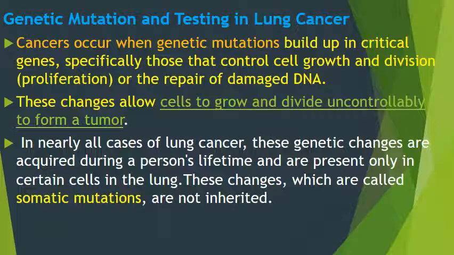According to published papers, nearly all cases of lung cancer show some genetic changes which are acquired during a person's lifetime, and they are present only in certain cells in the lung, not all cells, and are not inherited. They are acquired changes called somatic mutations.